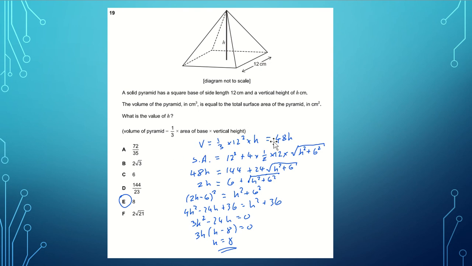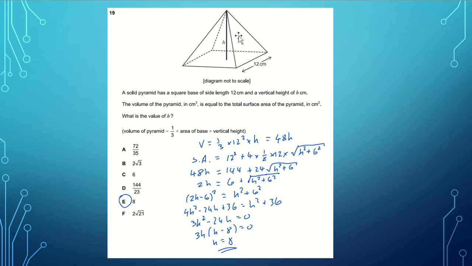That's fairly straightforward, 48h. Surface area, okay, that's a bit more involved. We've got a solid pyramid, so we need the base area, 12 squared for that square. And we've got 4 faces, and we're going to do a half times 12, so a half the base times the height, and the height, use Pythagoras' theorem, the height along the sloping face we need for that triangle.